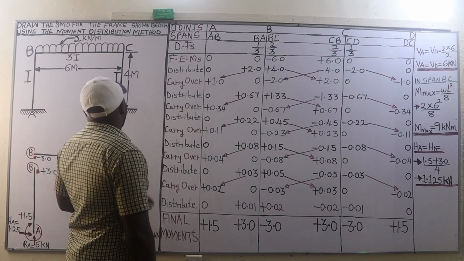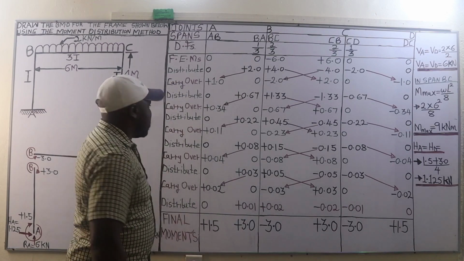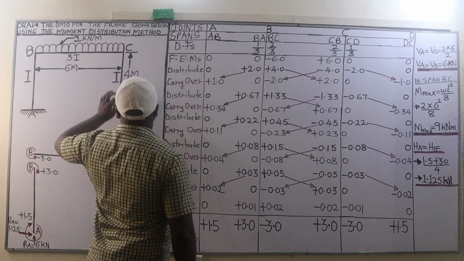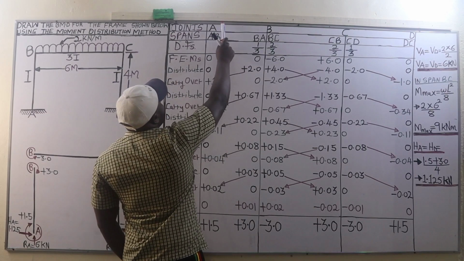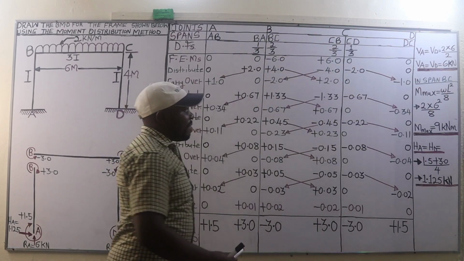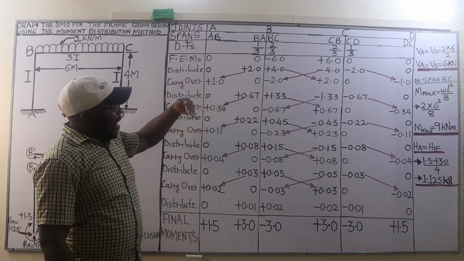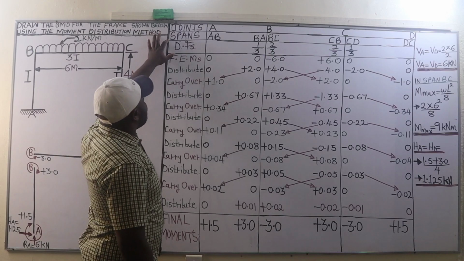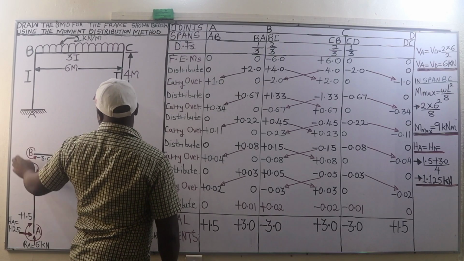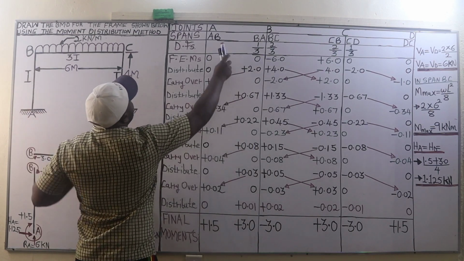Now, on our portal frame, we got 4 joints: joint A, B, C, as well as D, and I have written each joint up there. That's the first thing we lay out on our distribution table. Then below the joints, we lay out the spans. Beginning with joint A, we got the member AB written there.